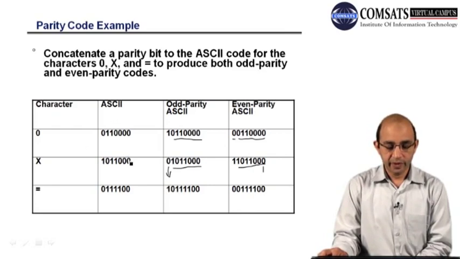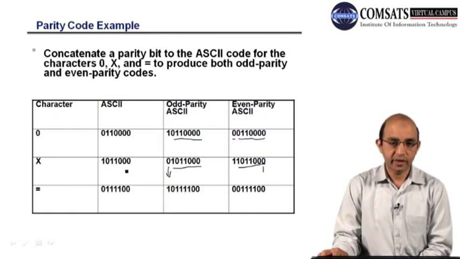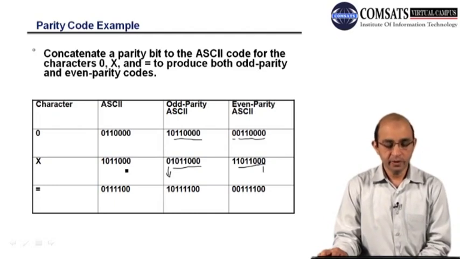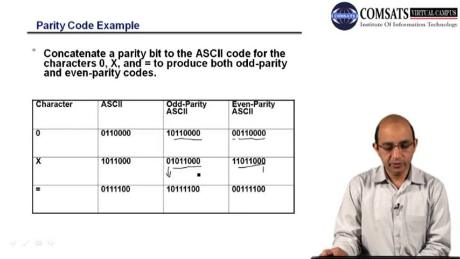So whenever we are talking about data transmission, we have a sender and a receiver. For example, the keyboard is your sender and the computer is your receiver, right? Or the buffer of your computer system is your receiver. So when you press this key from the keyboard and you are using odd parity, your system will compute the number of ones, and they should be odd because we are using odd parity.